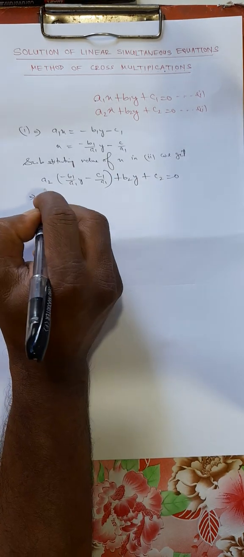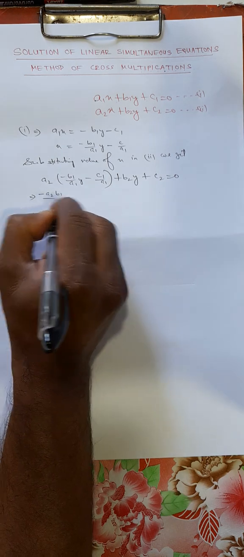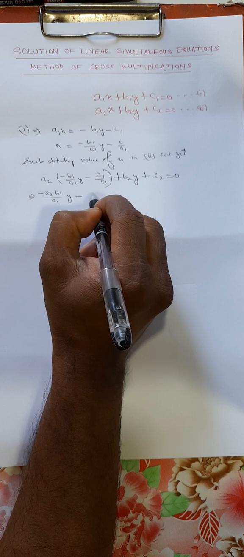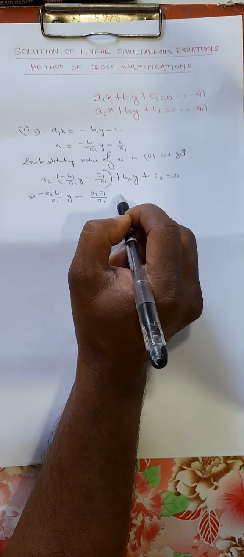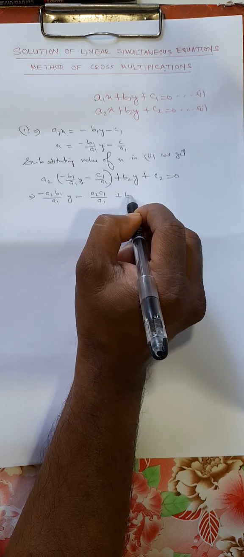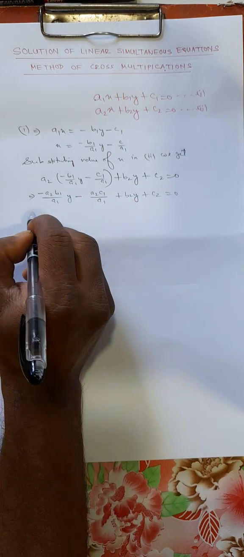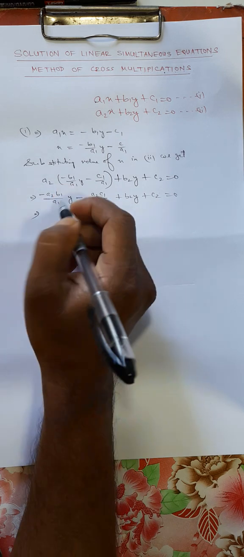So let us simplify this. Minus a2b1 by a1 y minus a2c1 by a1 plus b2y plus c2 equal to 0. Now to eliminate this fraction, we will multiply both sides of this equation by a1.